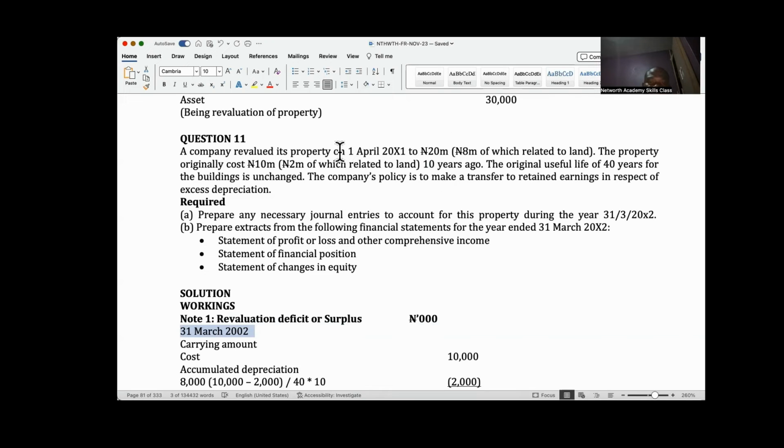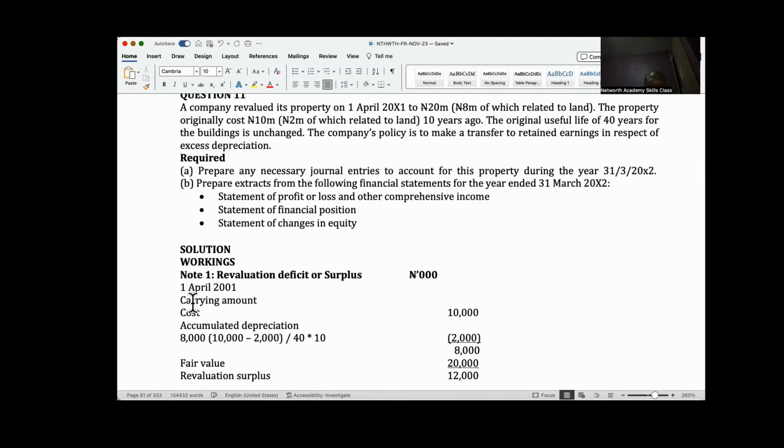The date of revaluation was on 1st of April 2001. That's the date of revaluation.